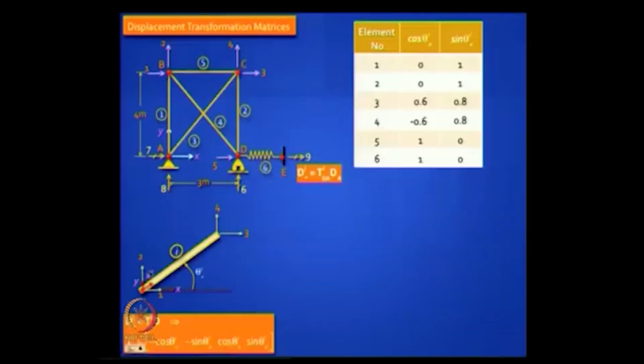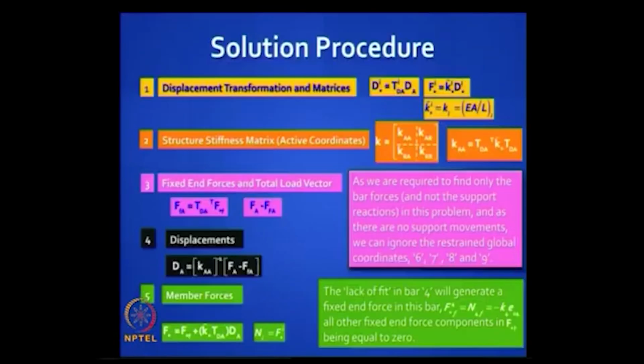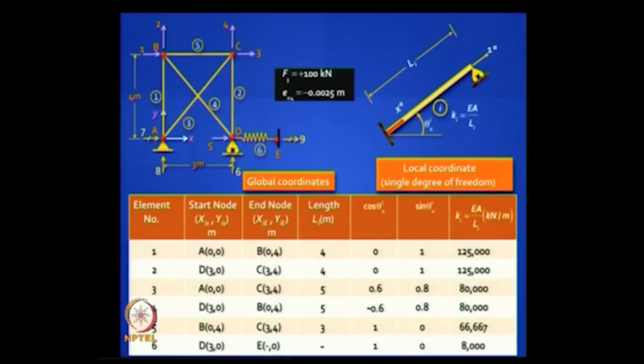Look at this element. In this element, my local x star axis was pointing from here, right. That means this left end was my start node, this right end was my end node. Do you get what I am saying? You have to identify which is start and end, then only you can do it. So let us go through it once more. Element 1, the start node is A, the end node is B, local x star is moving that way.